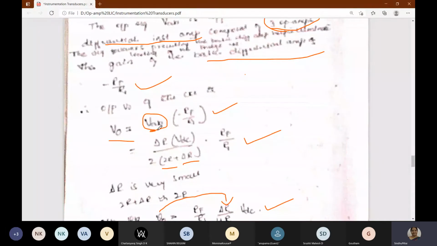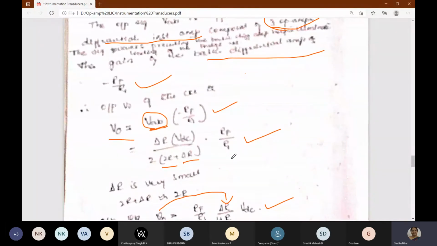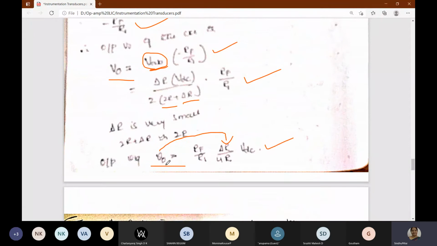Here it is the output of the instrumentation amplifier, multiplied with the gain RF by R1, and we have delta R by 4R into the input voltage VDC, that is the DC excitation voltage. So the output voltage is directly proportional to delta R, the change in resistance. That is important here. Whatever output voltage we get, displayed on the oscilloscope or on the magnetic recorder, is directly proportional to the change in resistance.